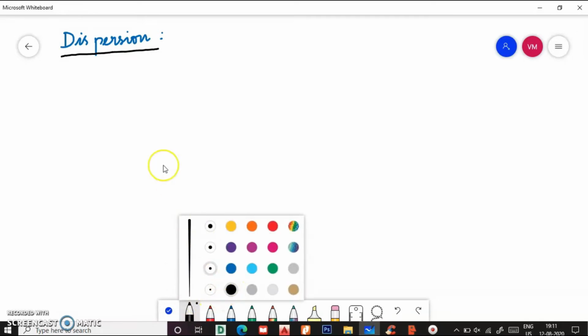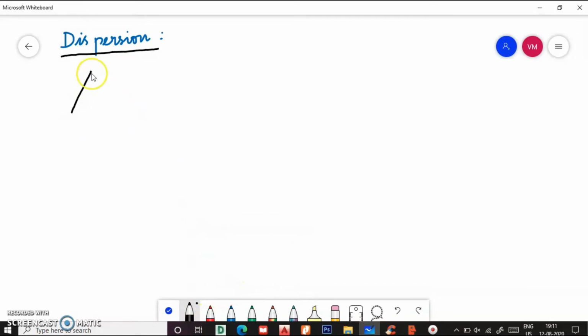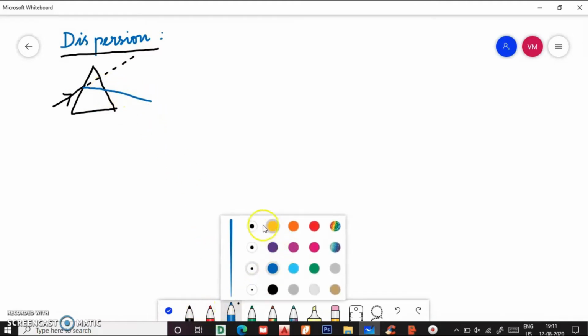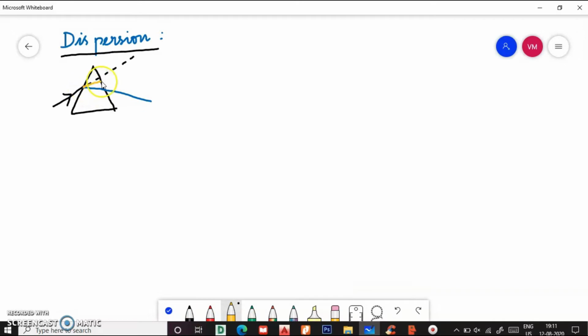Let me draw a prism. It can be either a crown or a flint glass. When a ray of light passes through one side of the prism, I am just extending a reference line. Different colors get refracted in different ways. I mark the blue, then the yellow ray, then the red ray.